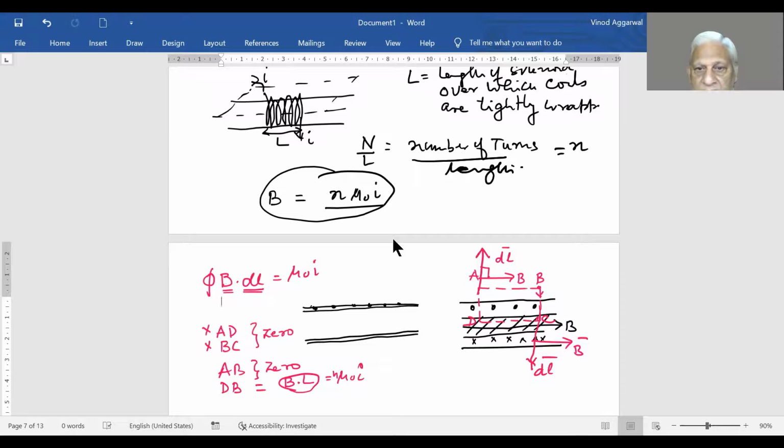Now what happens to AB? Since AB is outside the solenoid, there is no magnetic field. So this also goes off. The only side which will contribute to the magnetic field is CD.